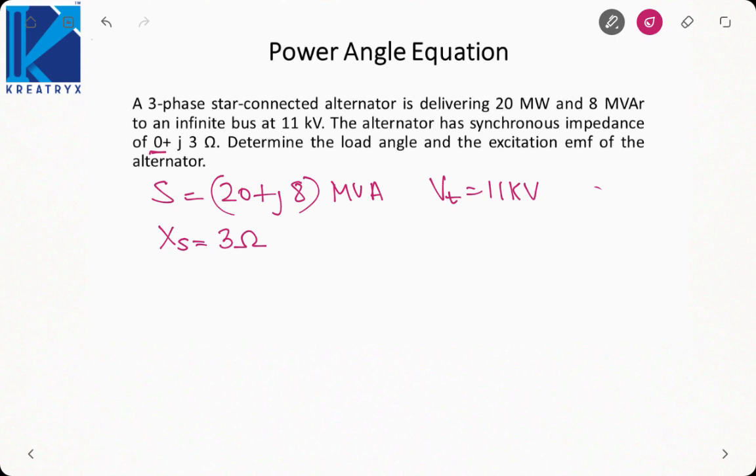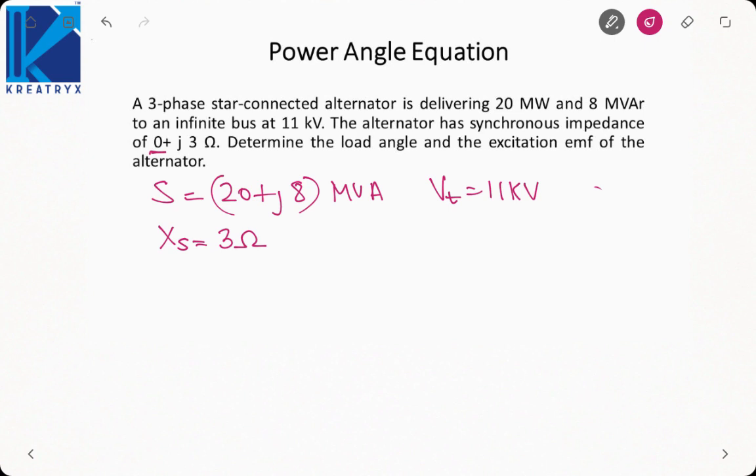Now there are two ways to approach this problem. Either you can use the equations for P and Q, and there we will have two variables, EF and delta. We will have two equations, one for P and one for Q. Solve two equations in two variables in order to determine EF and delta.